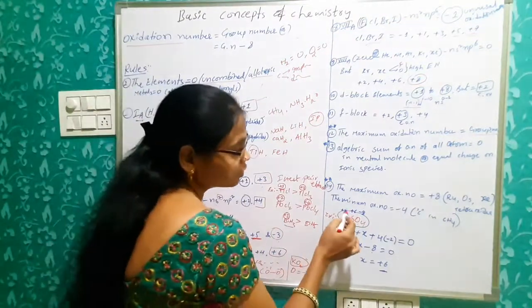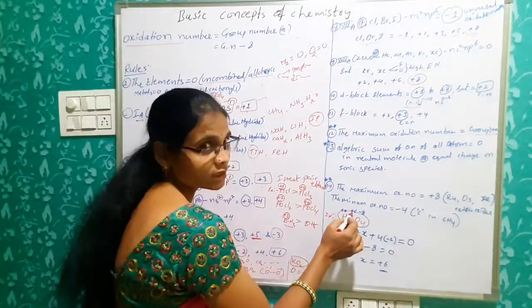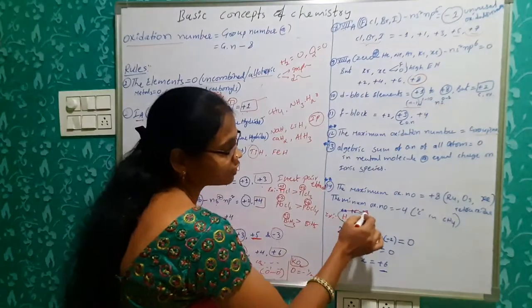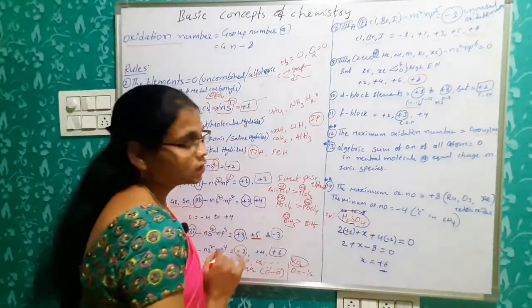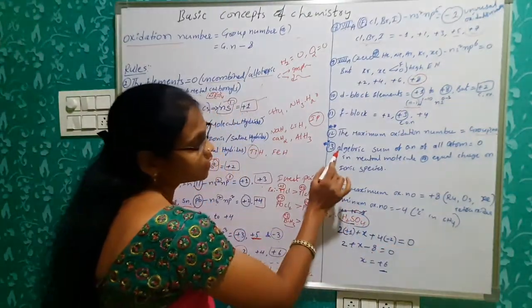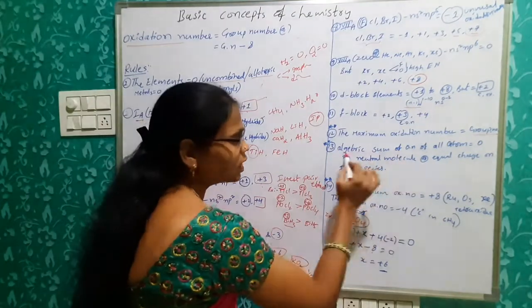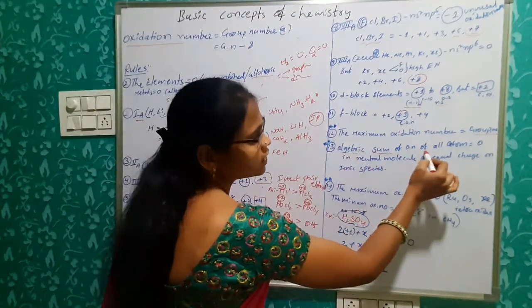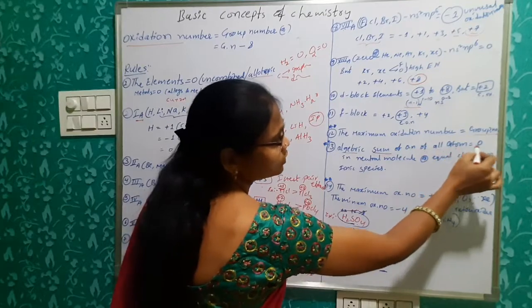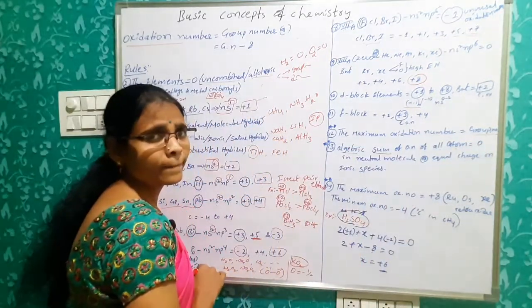So plus 2 plus 6 plus 8 minus 8 cancel out to 0. What I am saying here is that the algebraic sum of oxidation numbers of all atoms is equal to 0.